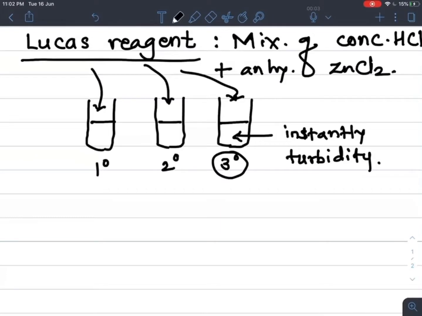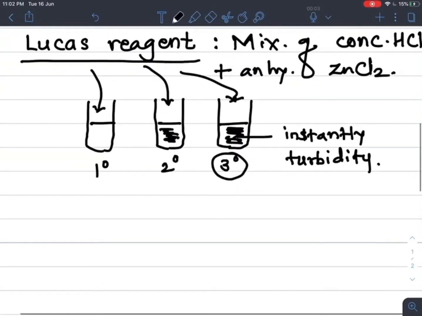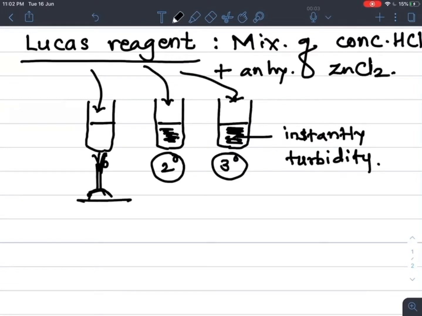If the turbidity is observed after a few minutes, about 5 minutes, we can identify a secondary alcohol. And if there is no turbidity for a long time, or turbidity is observed only on heating, then we can identify the primary alcohol.